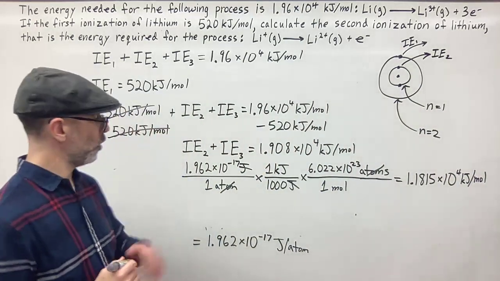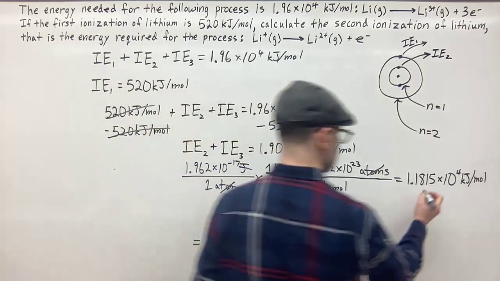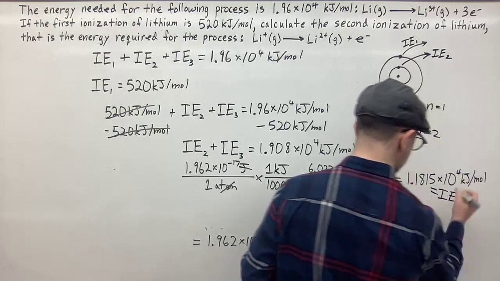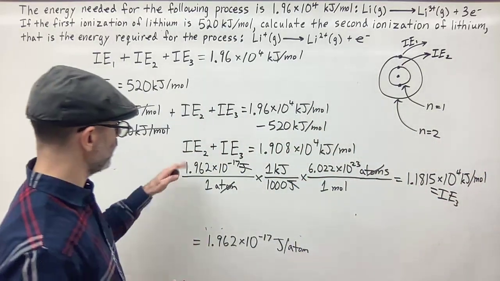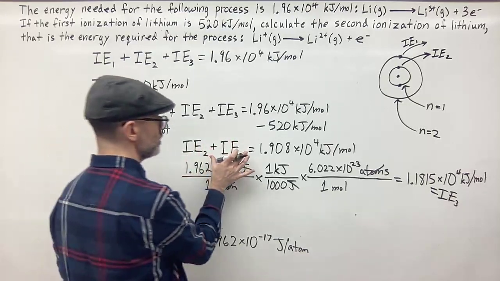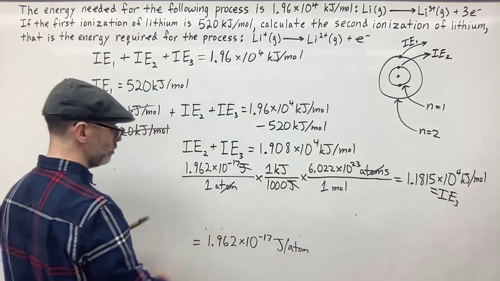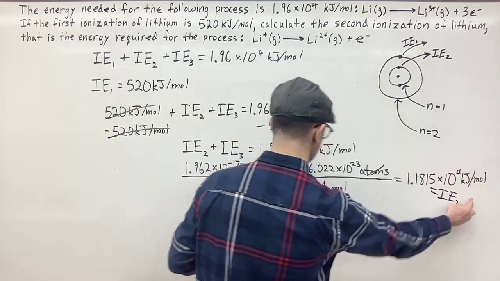Okay, and remember, this is equal to IE3, my third ionization energy. Look here, I have this here. My second ionization energy plus the third ionization energy equals this. So now I have the third ionization energy in terms of kilojoules per mole.